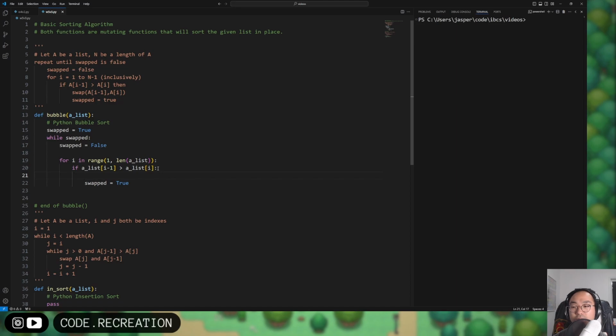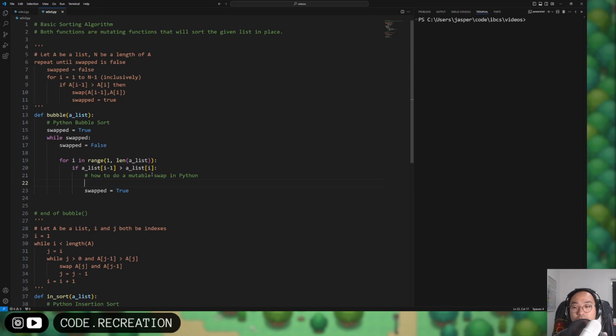Here we go. How to do a mutable swap in Python. It's very simple. We want a list at i minus 1 to have the value at a list at i. We just write a_list[i - 1], comma, a list at i, is going to be equal to what we wrote opposite here.